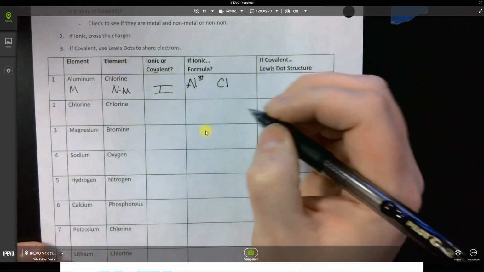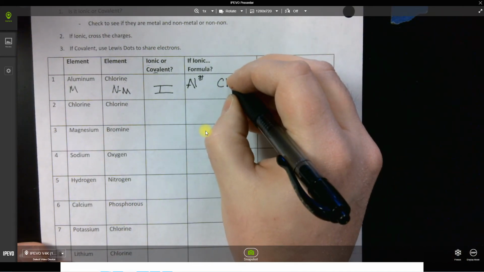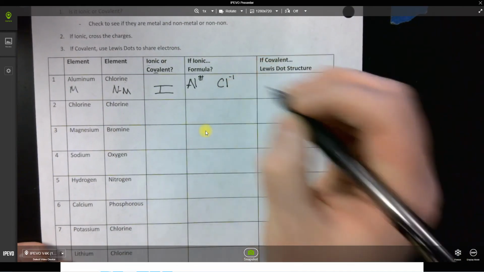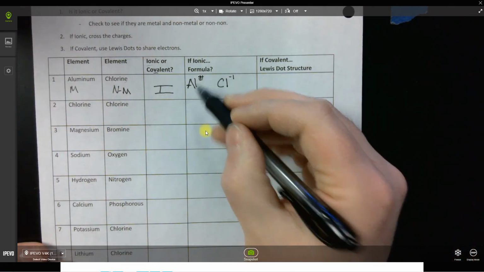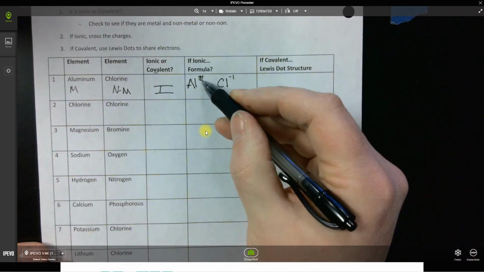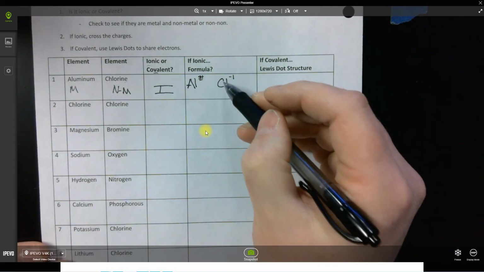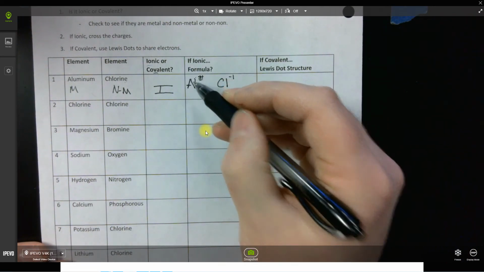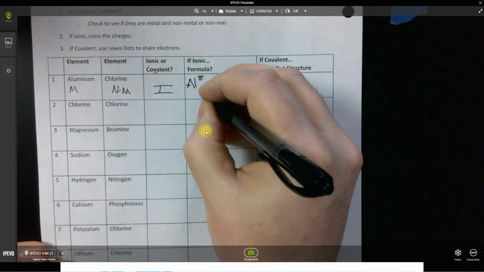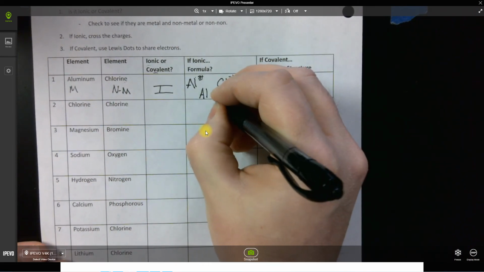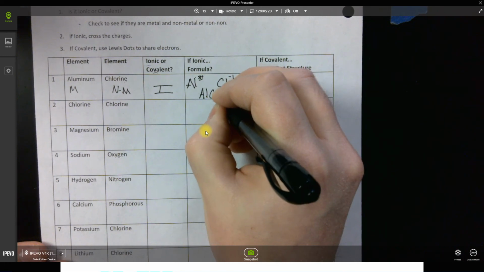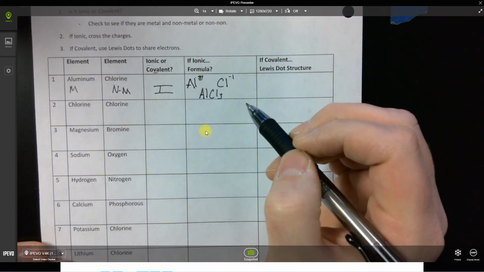Chlorine, on the other hand, is in column 7, which means that it wants to steal just 1 more. Well, if aluminum has 3 electrons that it wants to give up, and chlorine only needs 1, that means we're going to need 3 chlorines to completely take away all those electrons. So these two elements together are going to make AlCl3. We're going to need 3 of those.